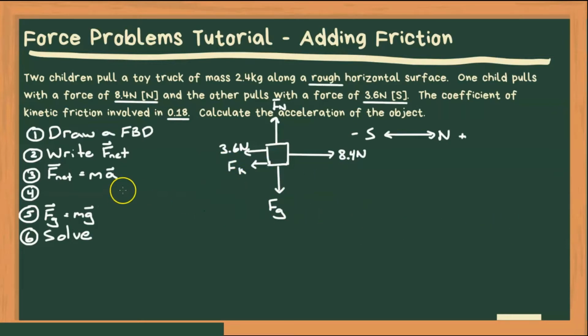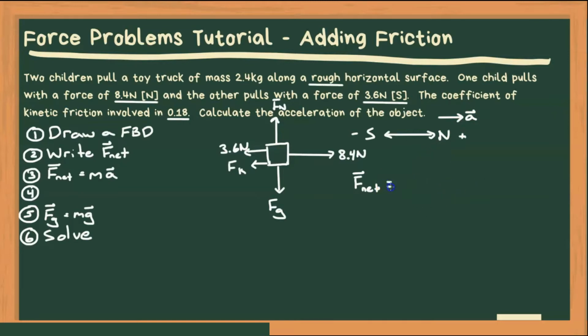We've drawn our free body diagram. Step 2, let's write out what that net force is. And we're going to focus on the horizontal net force, which I've drawn my coordinate system for, and I've labeled my positive direction. Notice I've also chosen that to be the same direction as acceleration. That just makes it easier so you don't have negative acceleration.